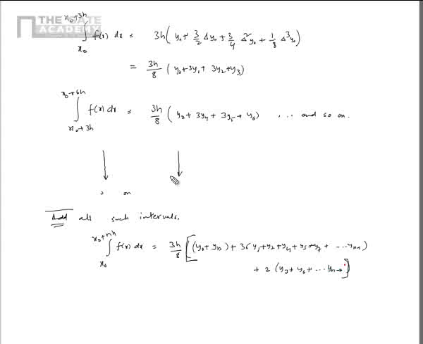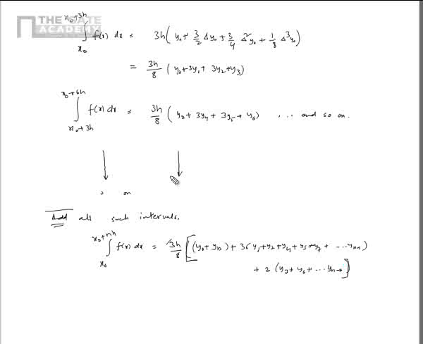So 3 times all the terms except the third and the multiples of third terms, and 2 times the y3's, y6's and y9's, the multiples of 3 terms.